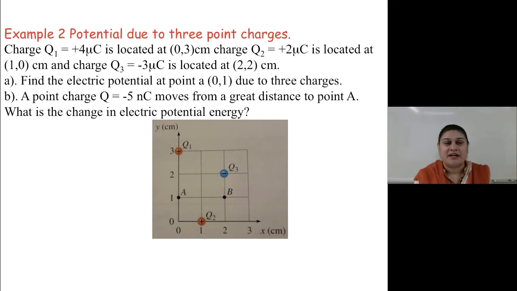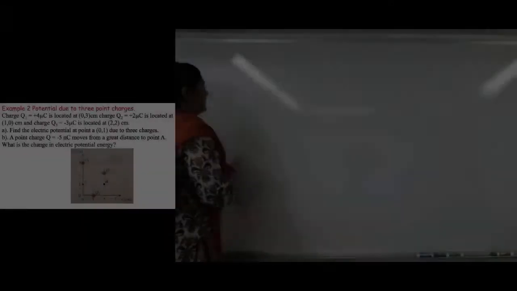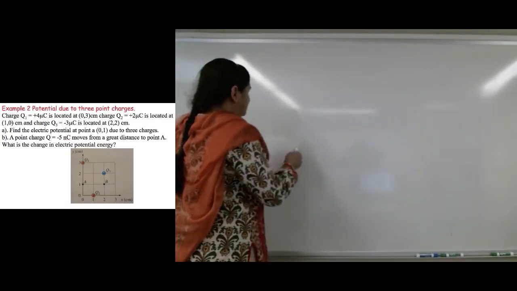Suppose that we want to find the potential due to the three point charges as given in this picture. We have to find the electrical potential at point A, (1, 0), due to the three charges. And then a point charge is moved from a great distance to point A. What is the change in electrical potential energy? In this scenario, let's first draw a picture.